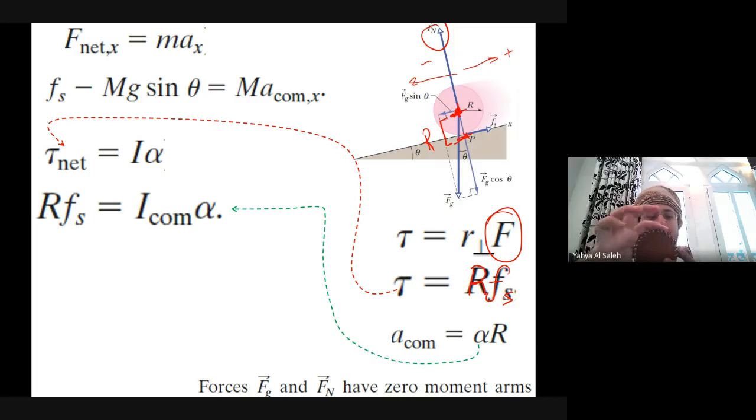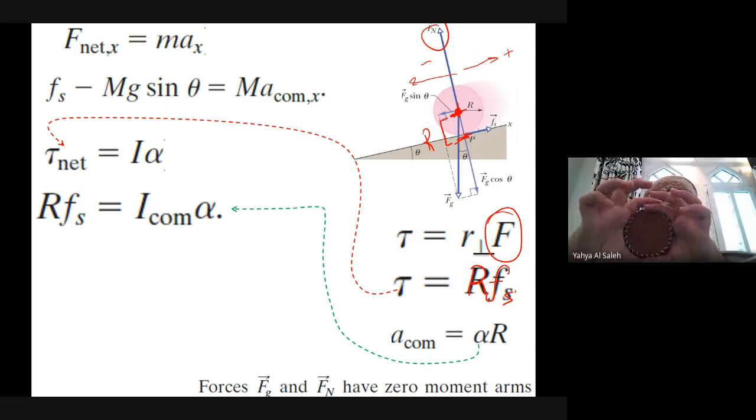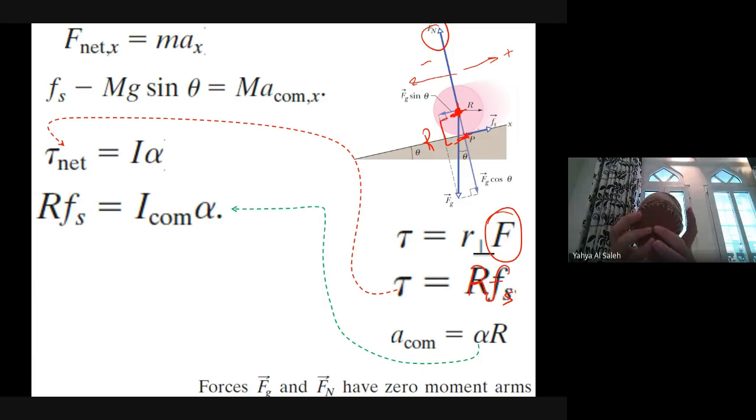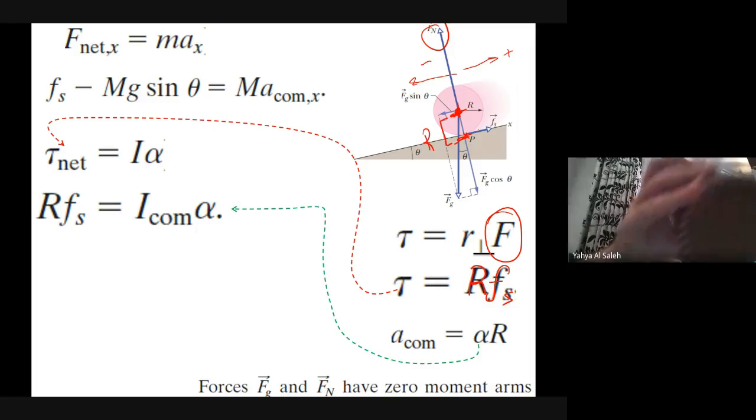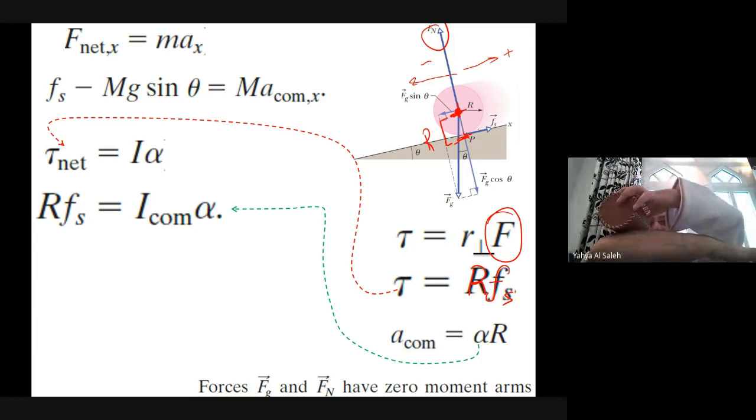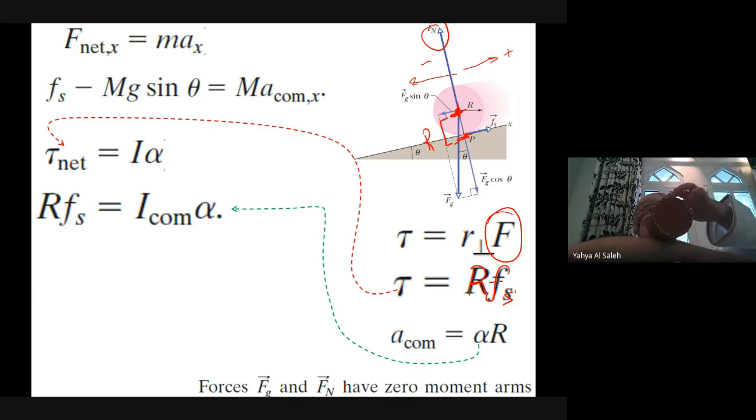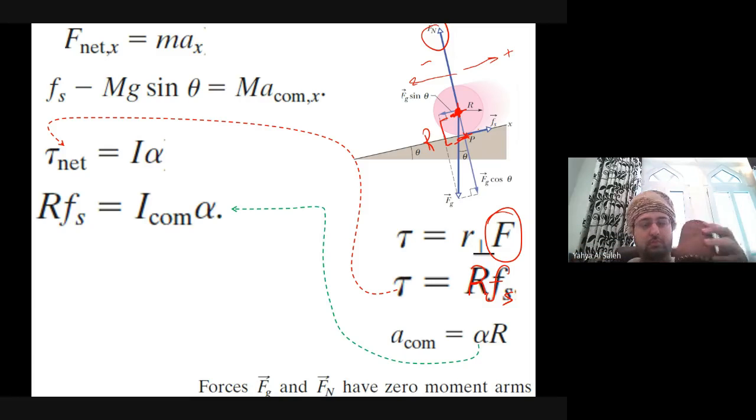Just imagine it as a circle. Now, when I am rotating it here on my arm, take a look. I am rotating it on my arm. What is the center of rotation here?